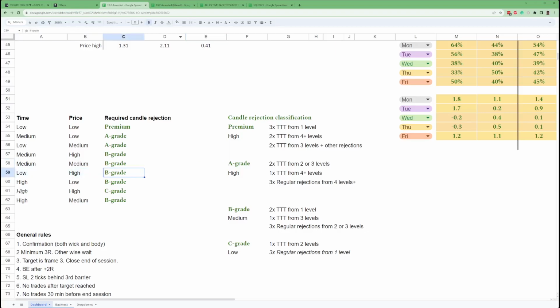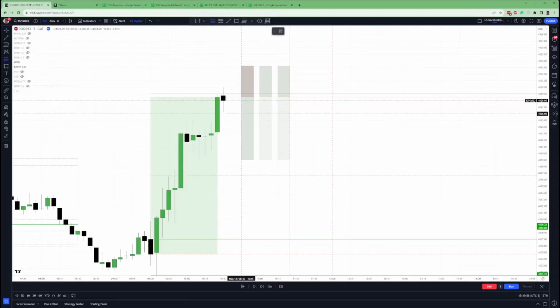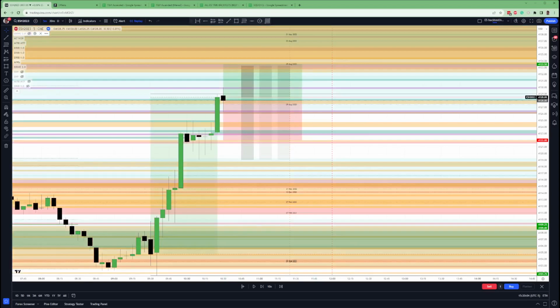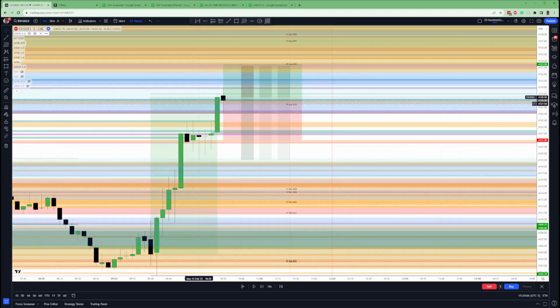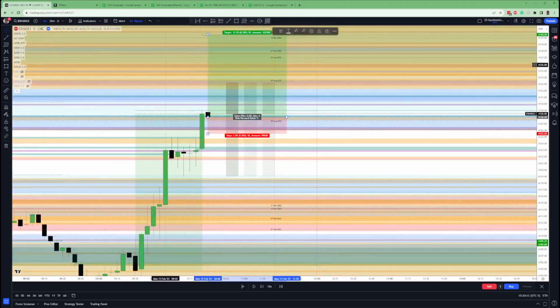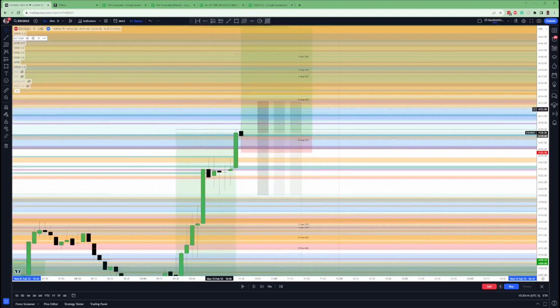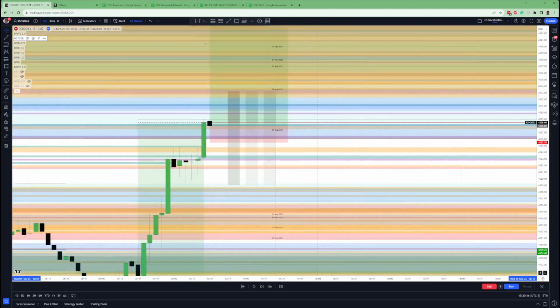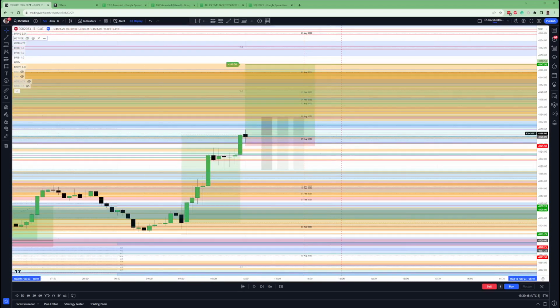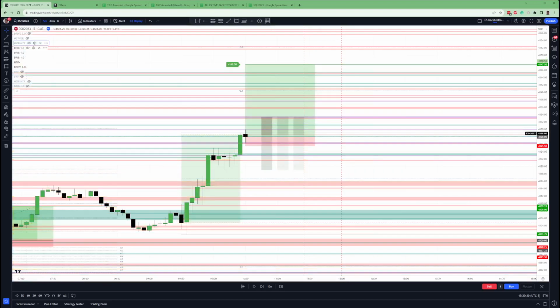So we have a good enough rejection to enter. So we would take entry right here, turn on the levels, and we can take 1, 2. We can take this already. There's plenty of levels between here as our stop loss level. Of course, it's kind of a tight stop, and it's the thing with this strategy.